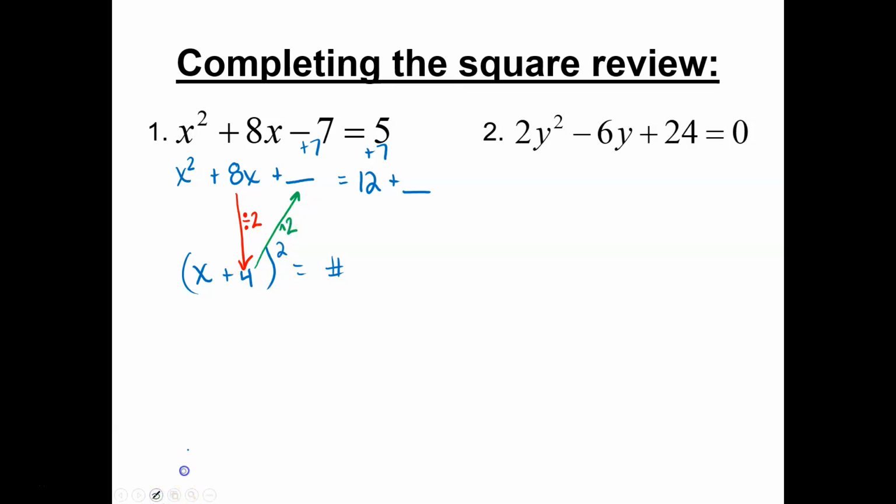So we need to add a 16 to this side. If we add 16 to the left side, we have to also add 16 to the right side as well. And so what we would have is x plus 4 squared equals 28.